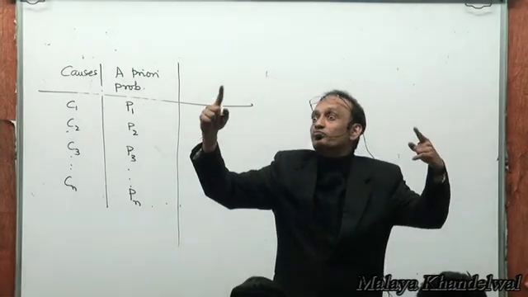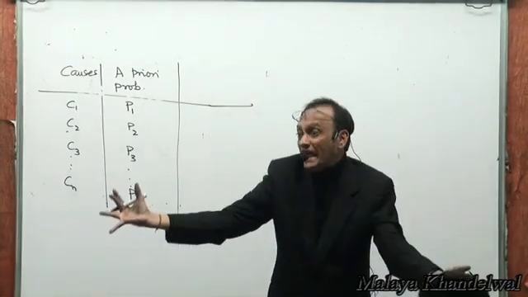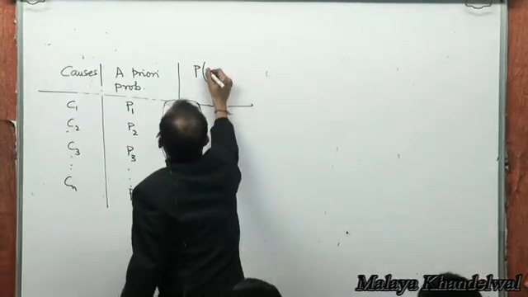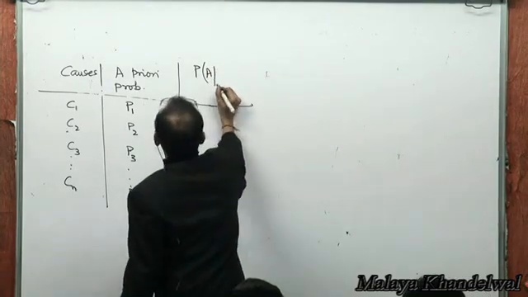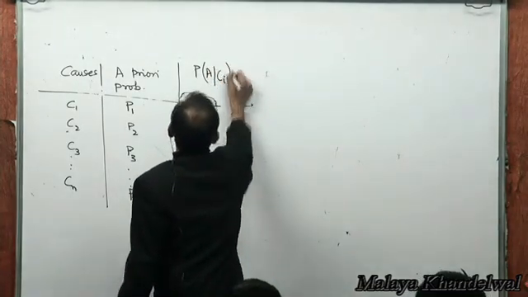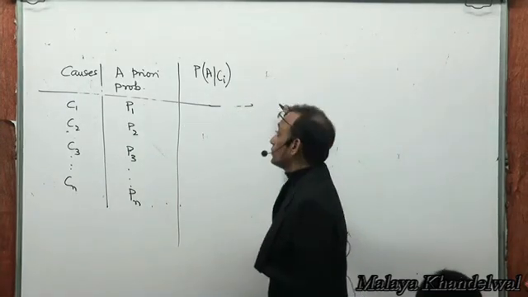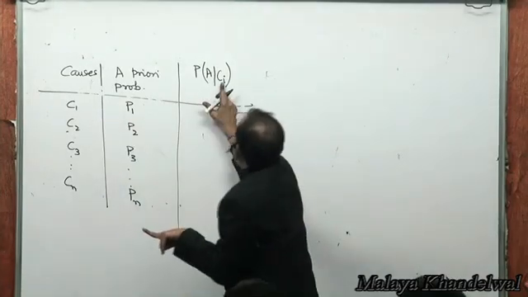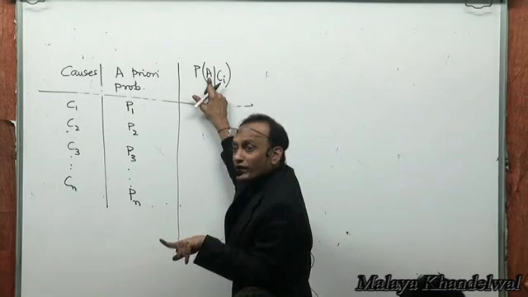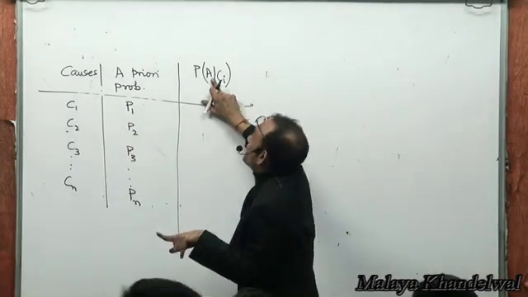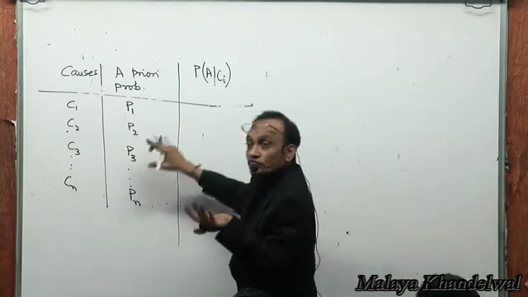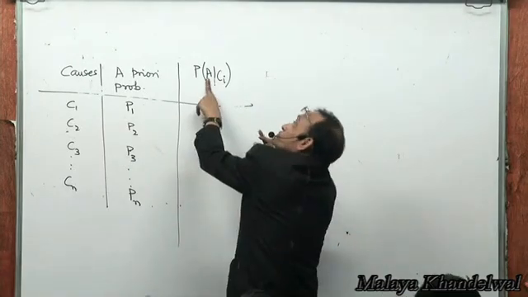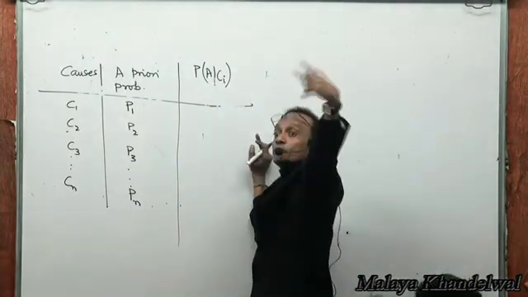Each of these causes could have been instrumental in producing a certain event A. That means there could have been a probability of an event A given the cause Ci. If C1 was the cause, what was the probability of A? First the cause comes and then the event, right? If this was the cause, what was the probability of an event A being triggered by this cause?